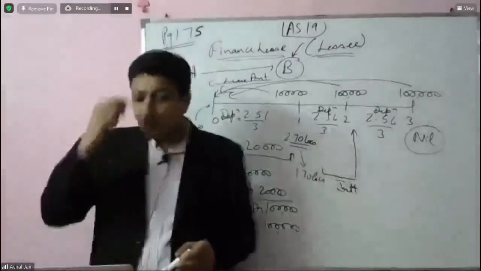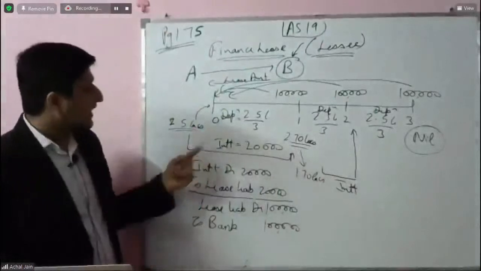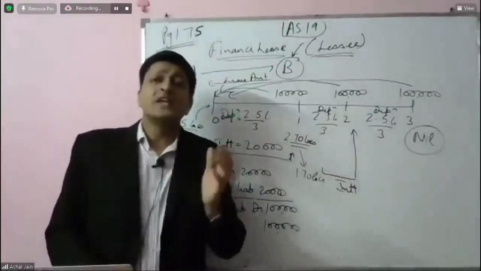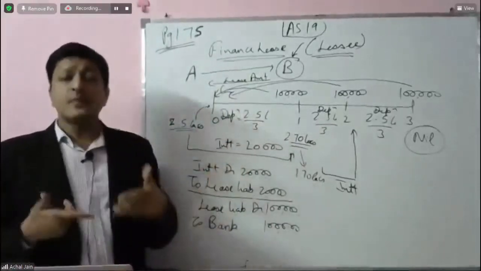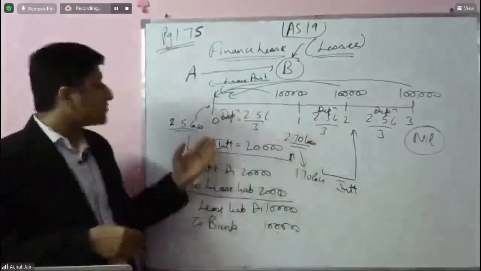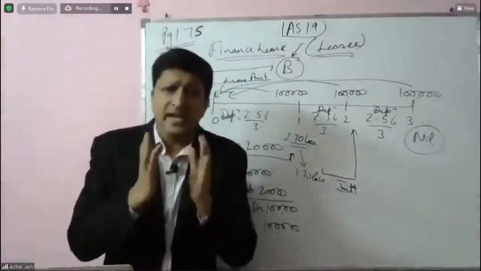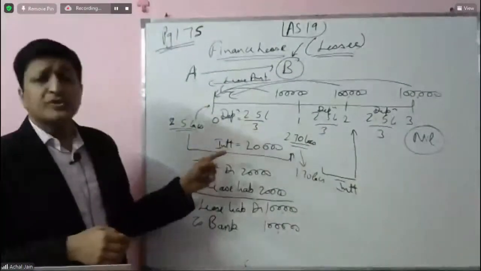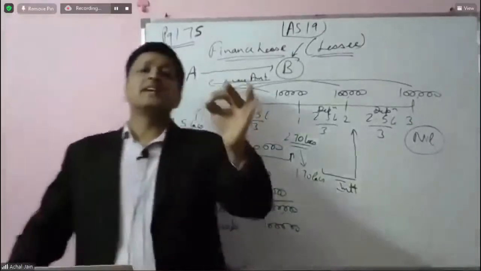Okay, so let's also understand about this rate. See, in this example that I have discussed with you, I didn't use any interest rate. I just used the amount. But in the exam, you will be required to use an interest rate, basis which you will compute the amount. Standard says that the rate which you will use should be the rate which is implicit in the lease.